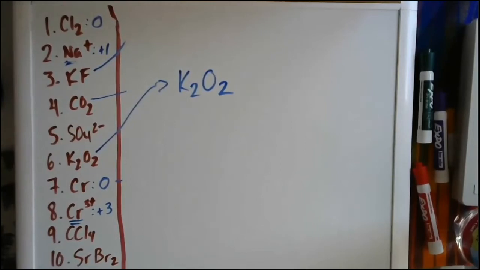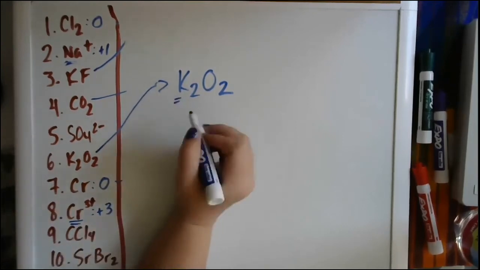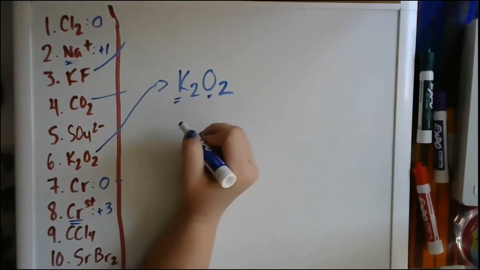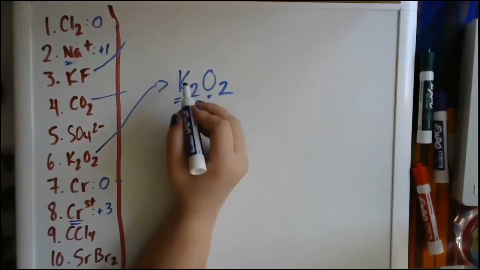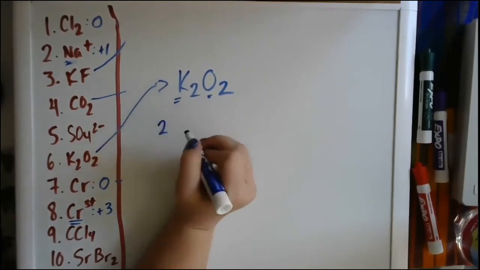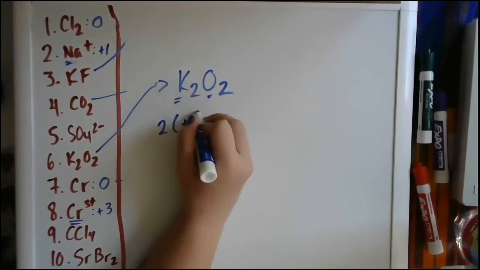We have to remind ourselves that according to our oxidation state list, the oxidation state of potassium comes before the oxidation state of oxygen on that list. So we know that there are 2 potassiums and that each potassium, which is a group 1 metal, has to have an oxidation state of +1.